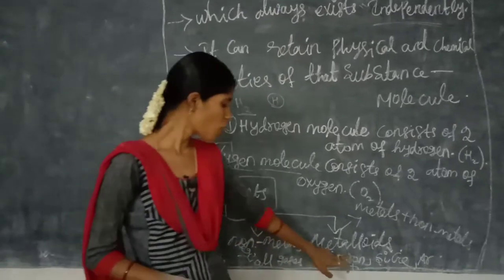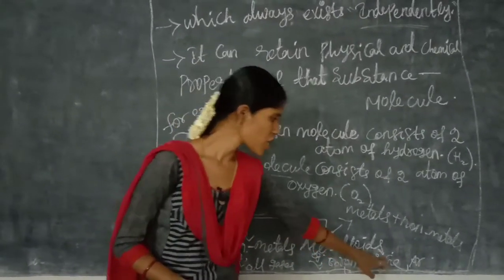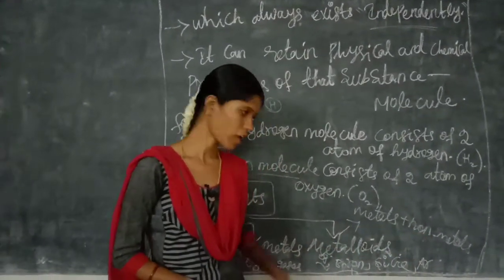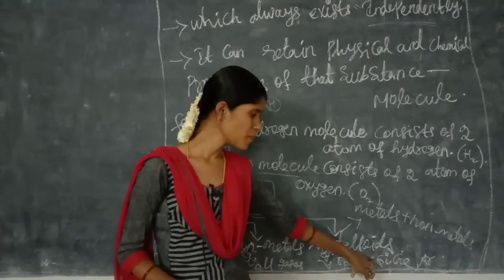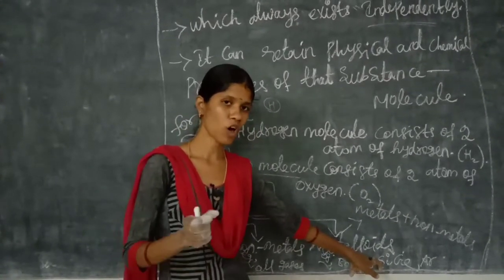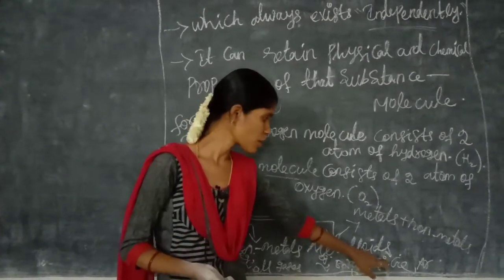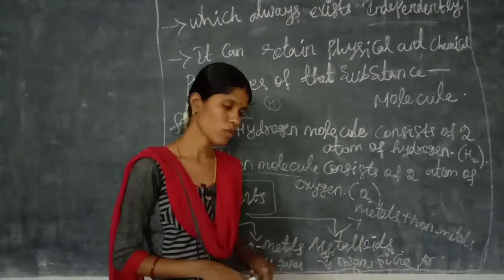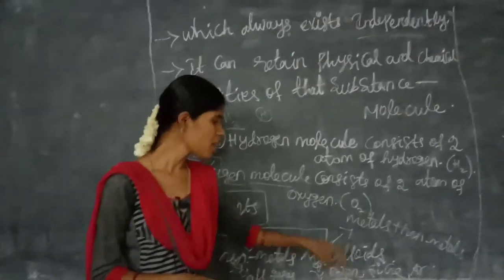For example, boron, silicon, germanium and arsenic. Silicon is used in ATM card chips, and germanium is used in mobile phones. These are examples of metalloids.